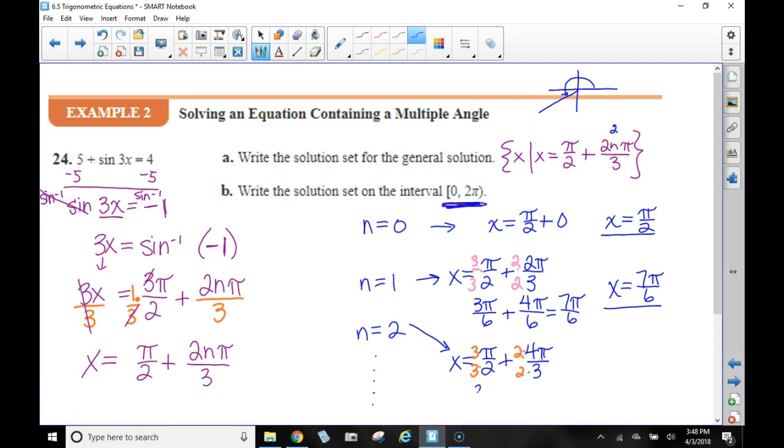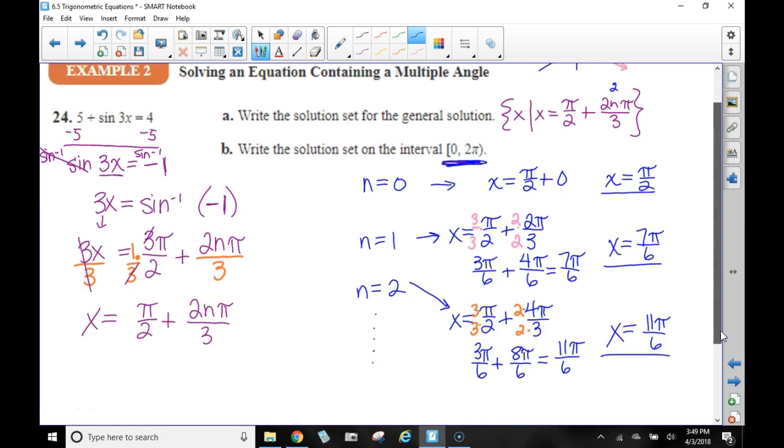That gives us 3 pi over 6 plus 8 pi over 6. When we combine that together, that is 11 pi over 6. And 11 pi over 6 is about right in there. Not quite to 2 pi. Okay? So there's a third solution in that interval. x is equal to 11 pi over 6.